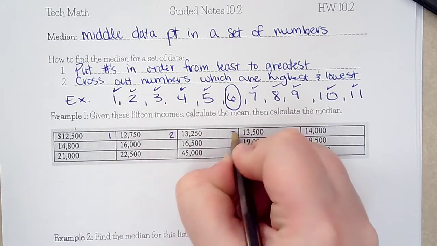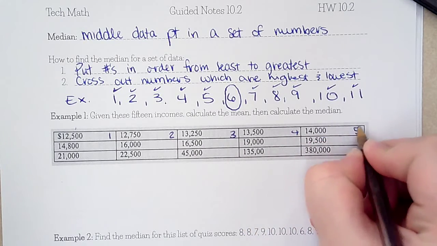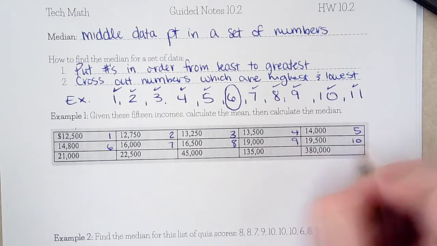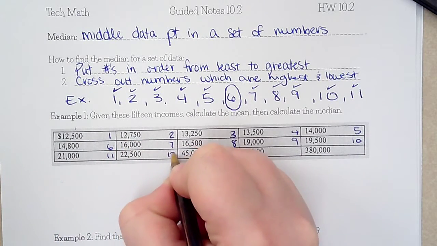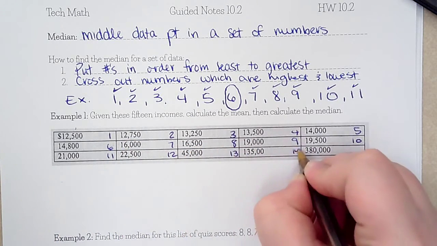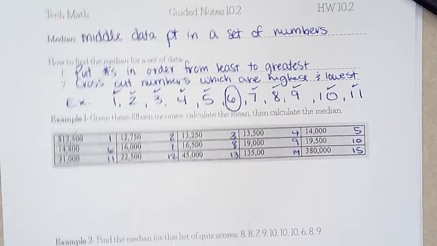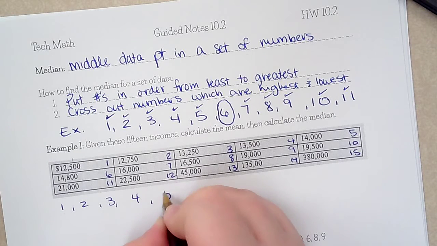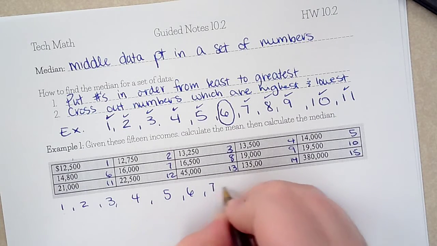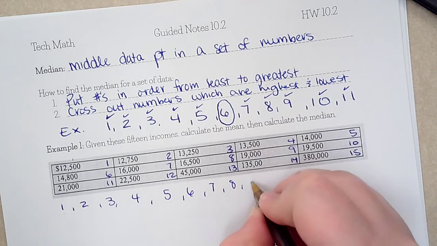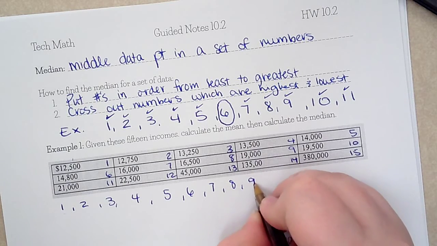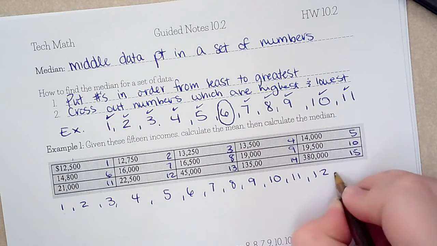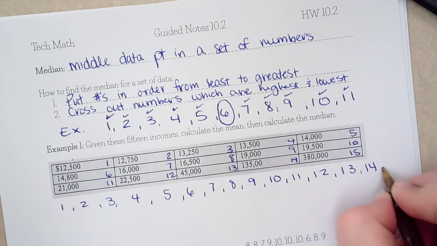So you're going to find it goes 1, 2, 3, 4, 5, 6, 7, 8, 9, 10, 11, 12, 13, 14, 15. And again, this isn't necessary in this case, but if you're given a table where they aren't lined up for you, it might be nice to go through, line them up numerically on the table, and then do this below the problem. It's a little bit more organized.